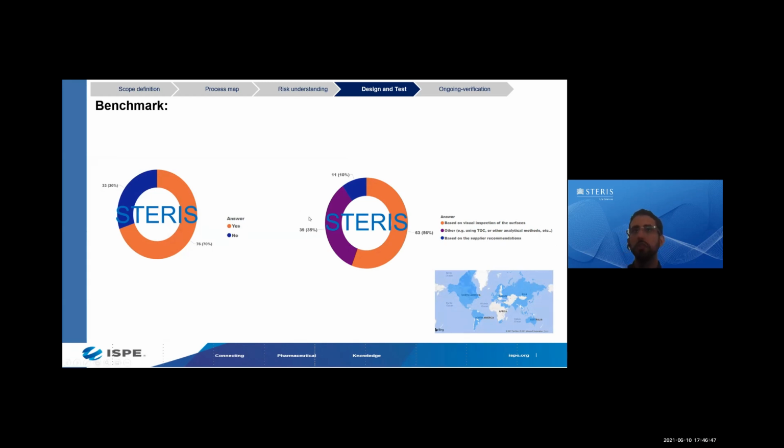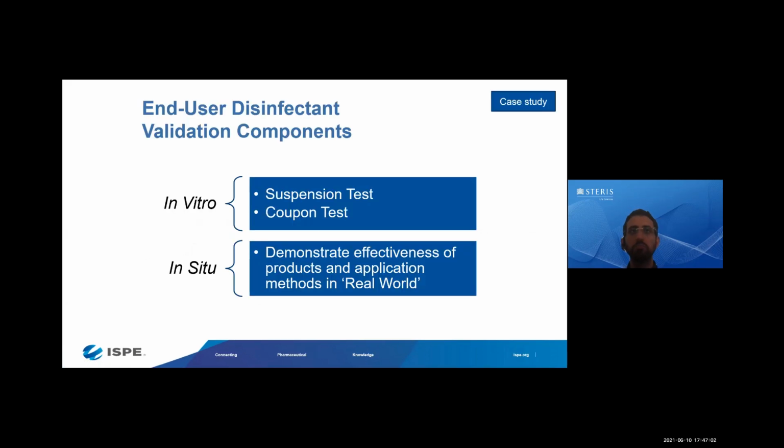It's 35%, and generally those are high potent product manufacturers, let's say. And you have 10% that rely on the supplier for the frequency of the residue removal.